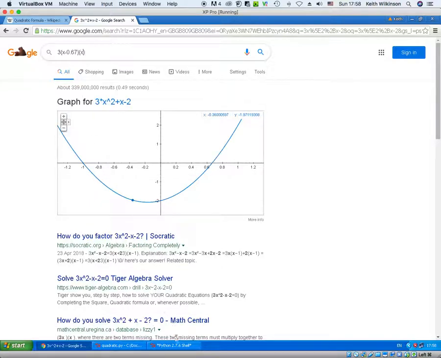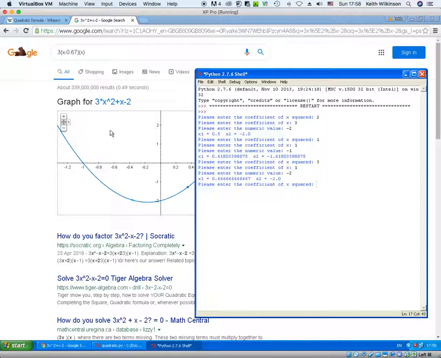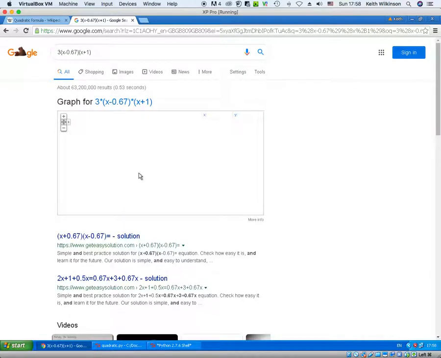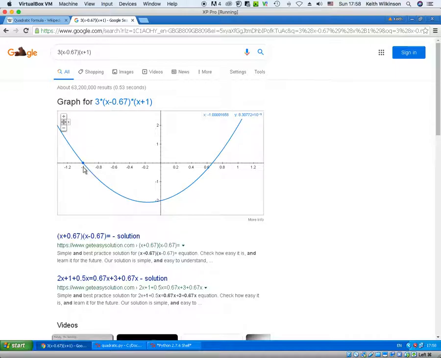This one was minus 1, so it's going to be plus 1, x plus 1. And I think that will be the factorization of that quadratic 3x squared plus x minus 2. Should get the same graph. Minus 1, and there we go.